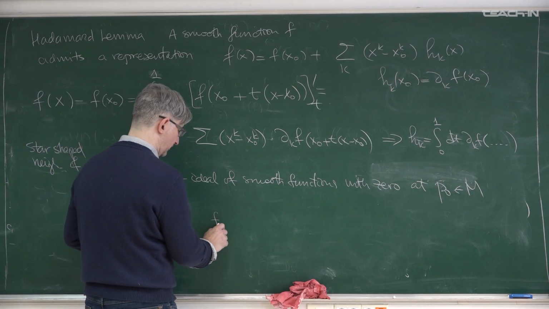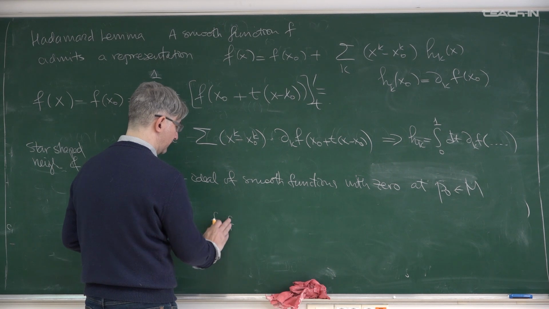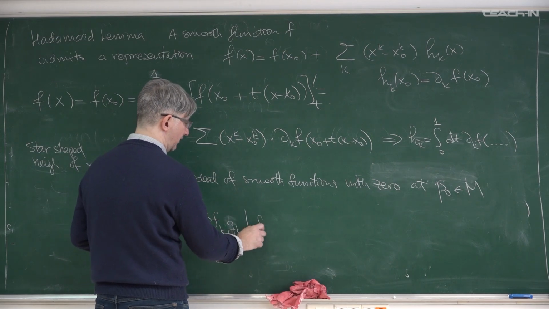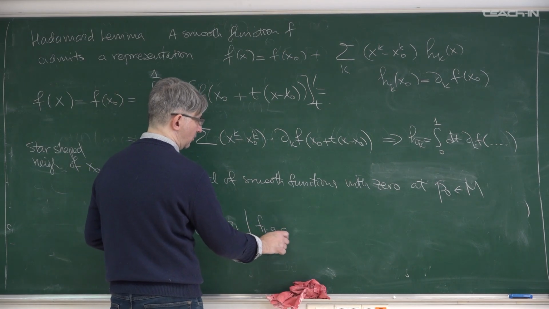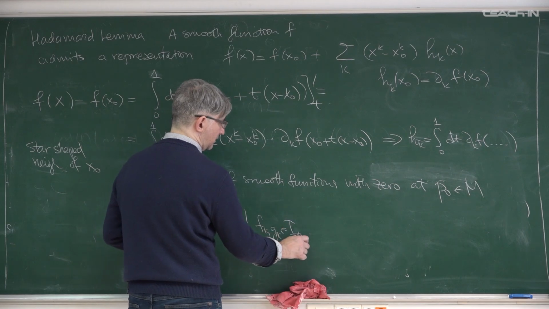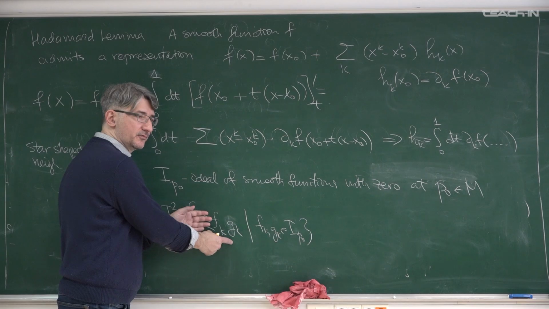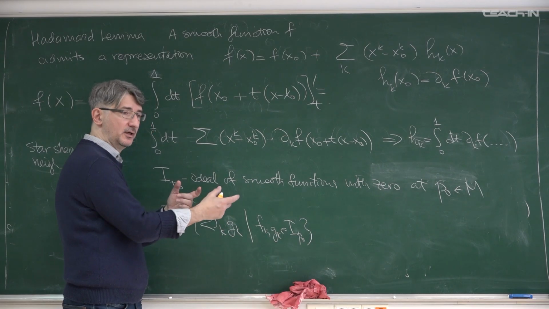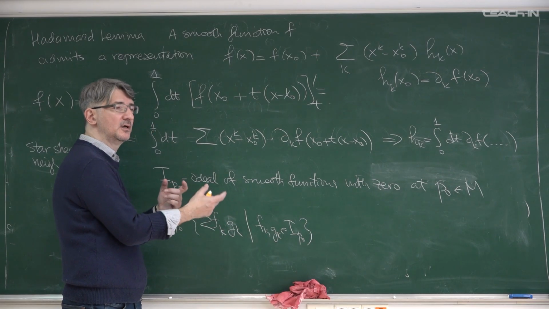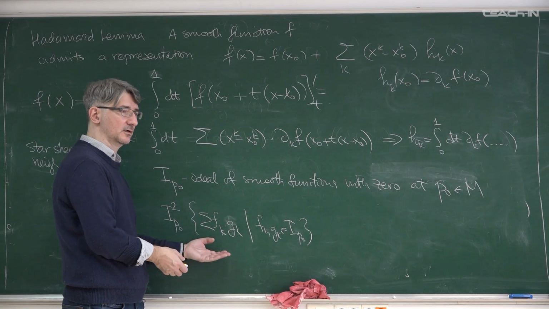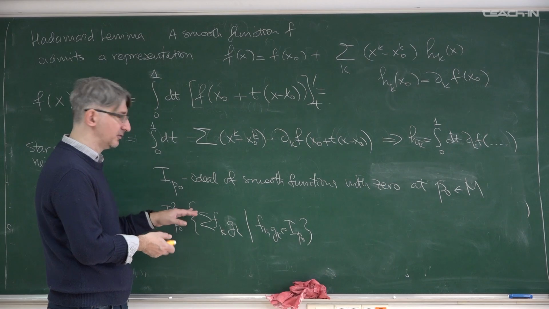You need to take finite sums of these products where f_k and g_k belong to the ideal. Because if you have a product of two such functions and you take a sum of them, this could be not presentable in this form. That's why you need to take linear combinations. Very good. So this is the square of the ideal.